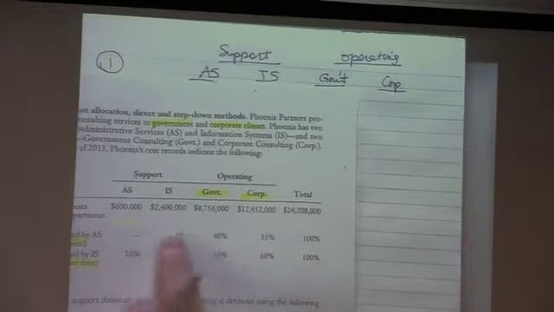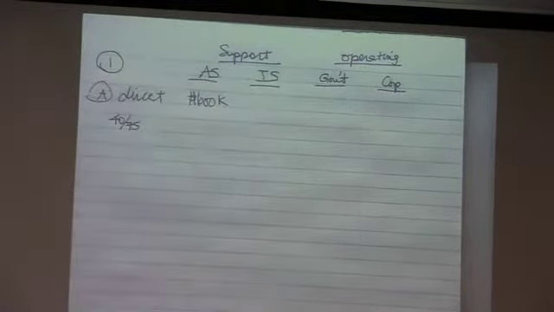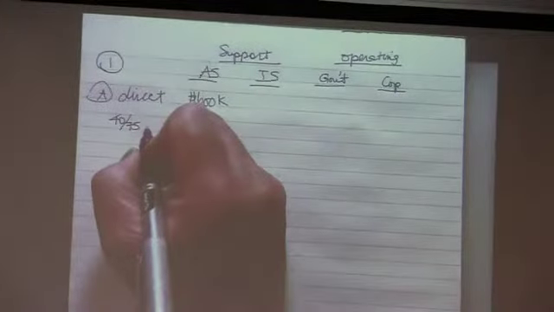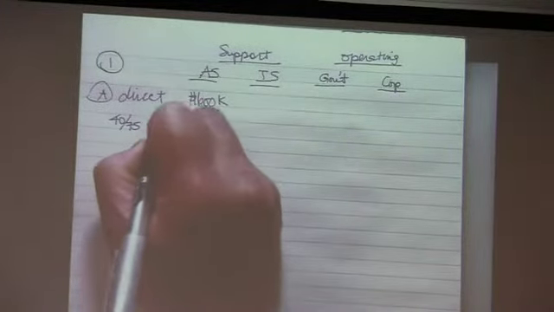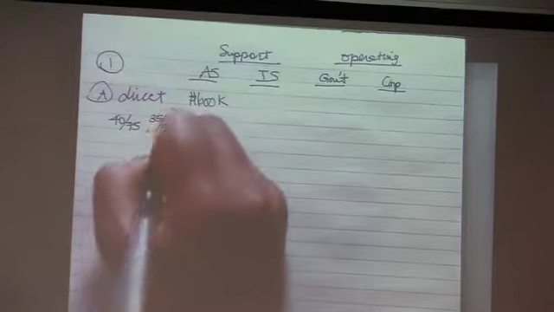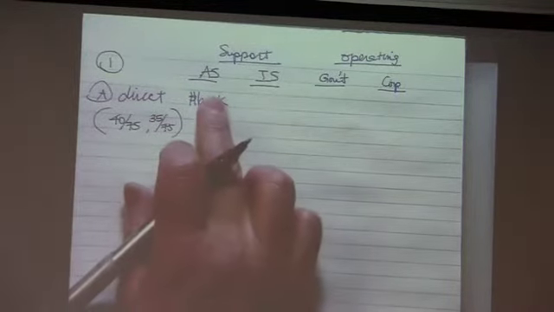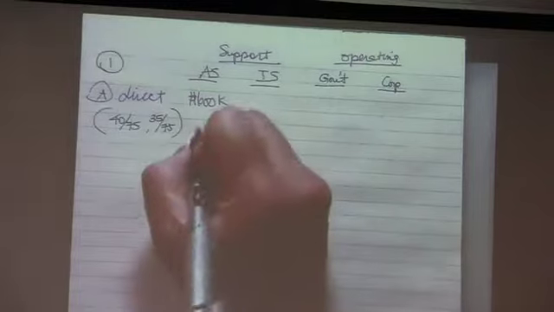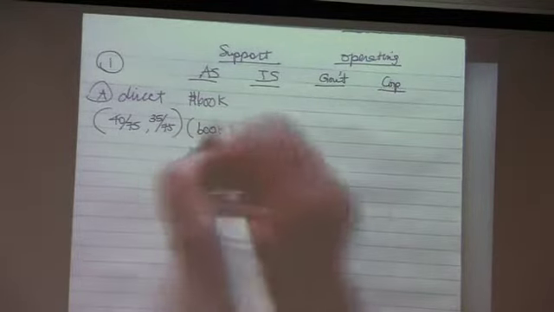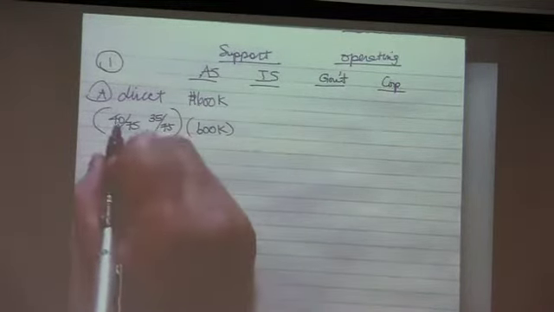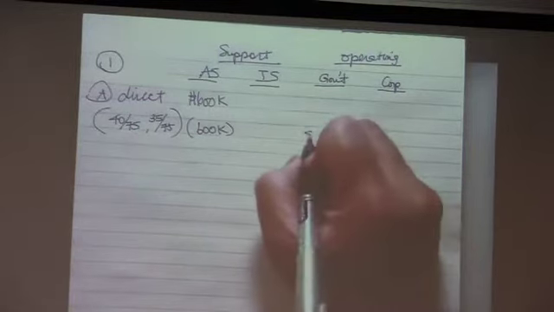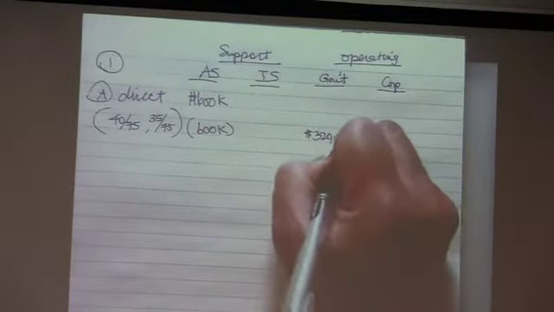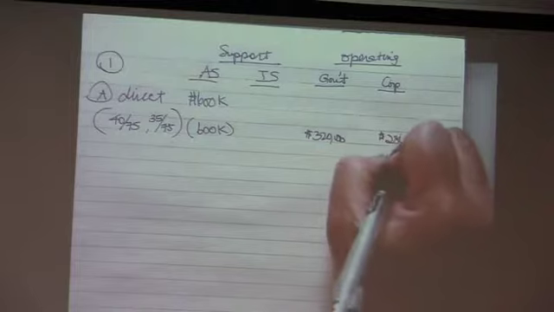We're going to ignore this 25. So 40 and 35 is 75. And we're also going to allocate 35 over 75 for the corporate clients. So we take 600,000 and allocate 600 times 40 divided by 75, which gives us 320. And this is 280.